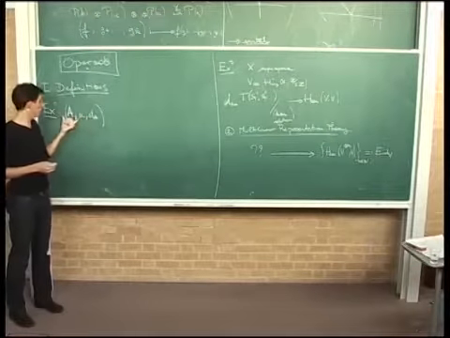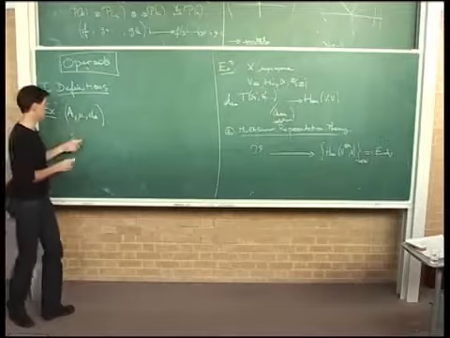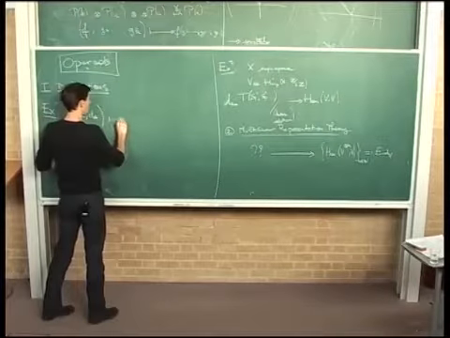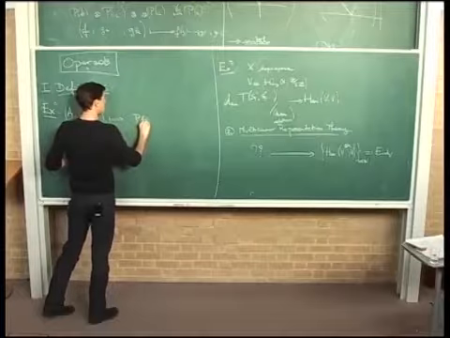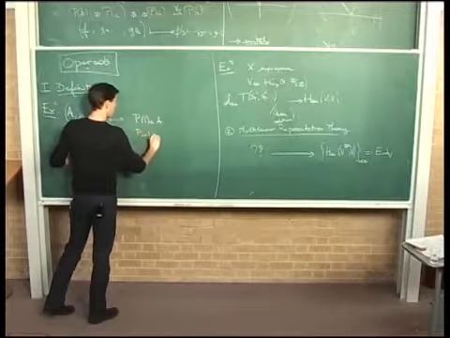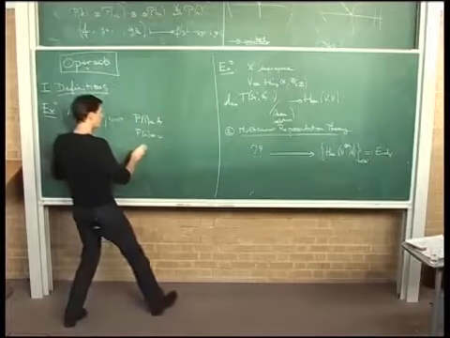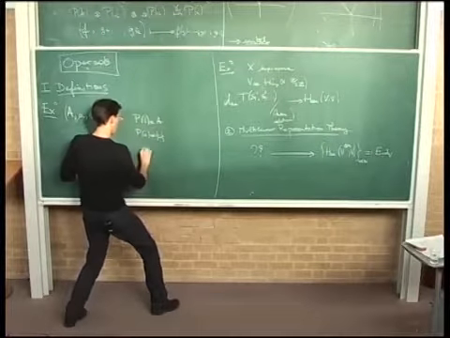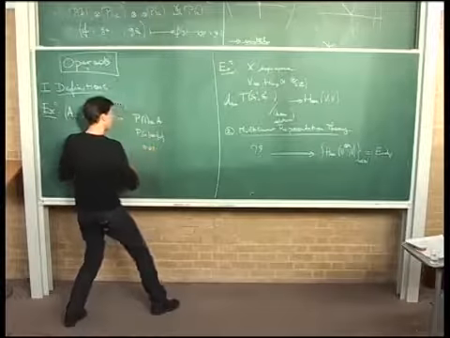So let me cook an operad out of an associative algebra. To A, you associate: let me define P1 to be exactly A, and let me define Pn to be equal to 0 when n is different from 1.